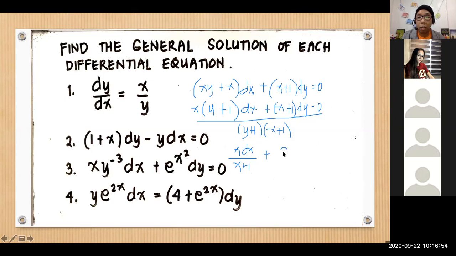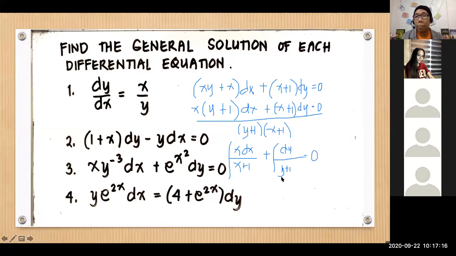So, as you can see, you will have dy over y plus 1 equal to 0 divided by these functions, 0. Okay, a pure function of y, so pwedeng i-integrate, and you have 0 sa right-hand side ng equation mo.